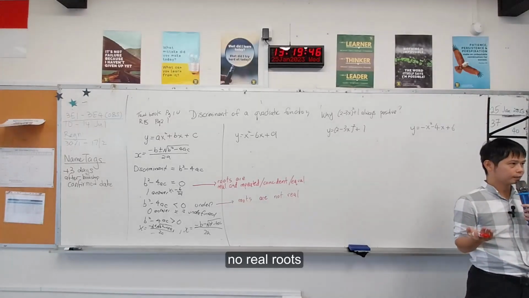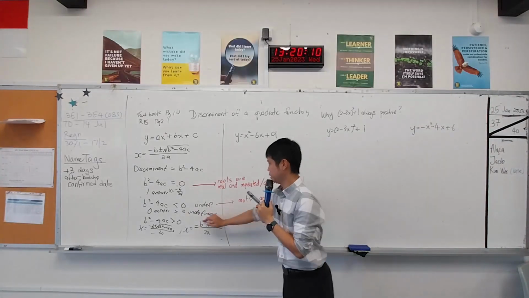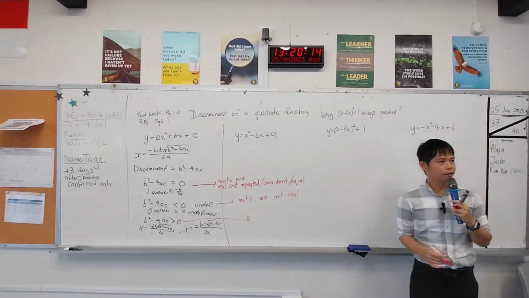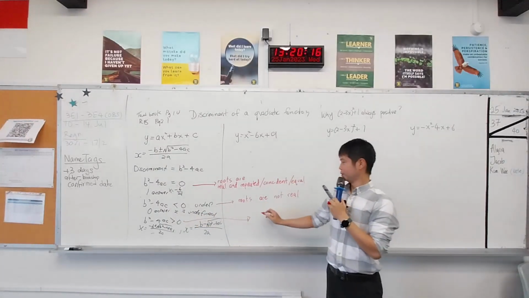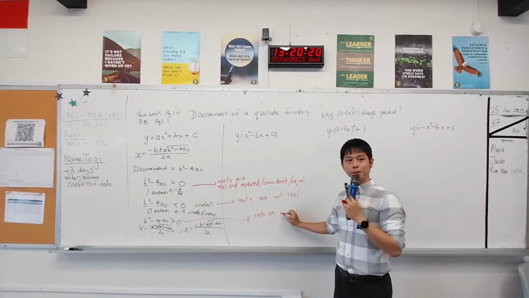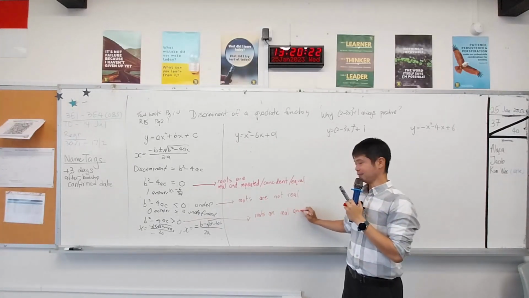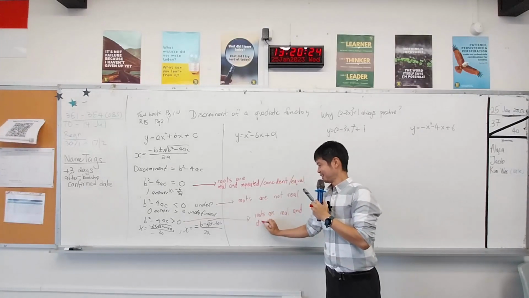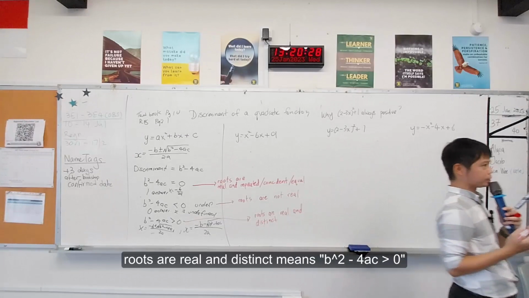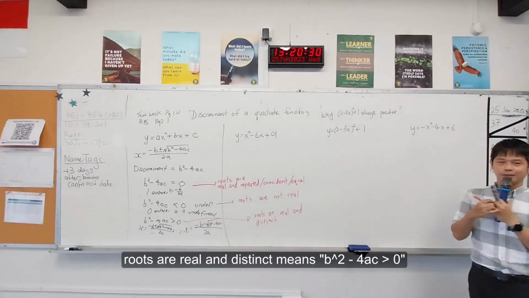No real roots. And when it is greater than 0, the roots are real and distinct. There are two different roots, so the roots are real and distinct.